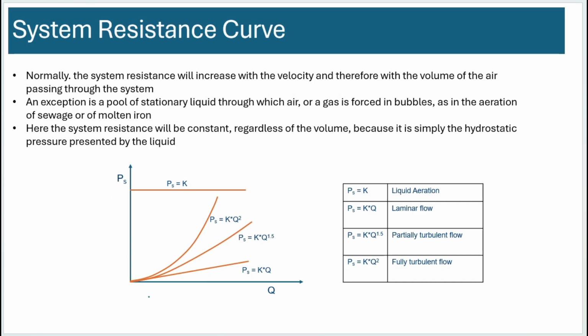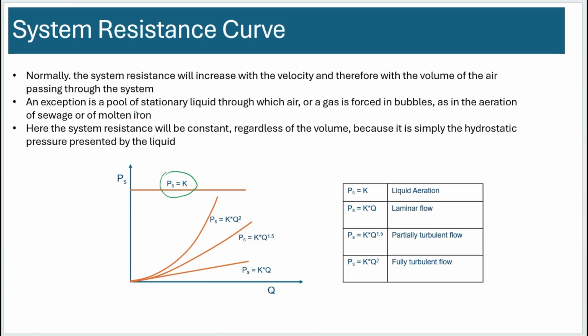A system resistance curve typically looks like this, depending on the system. In this case, we have given you the least likely system, which is liquid aeration, where the pressure remains constant when the Q is increasing. That is the least possible scenario. It never happens in air conditioning, but is a specific case where airflow goes through a liquid.